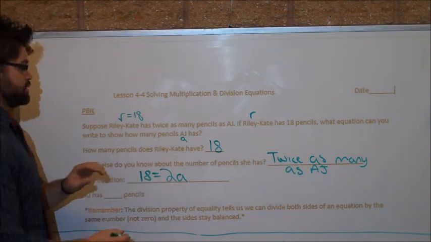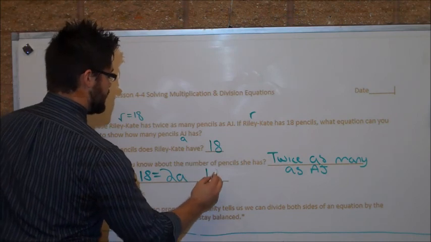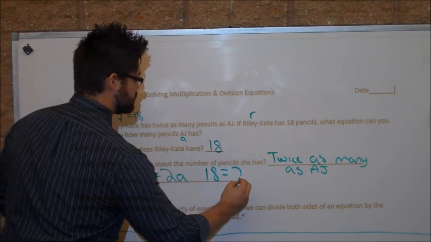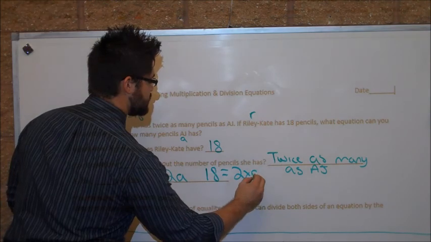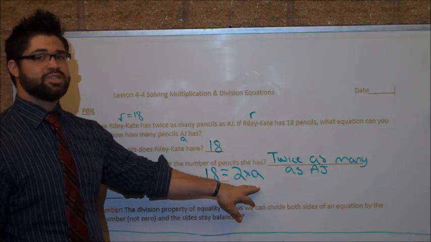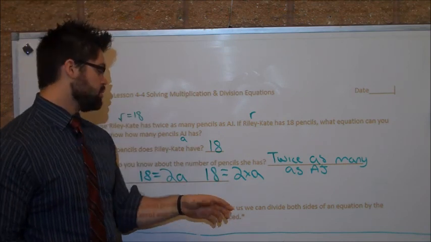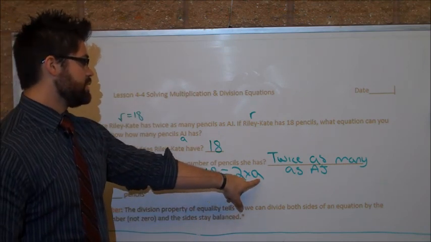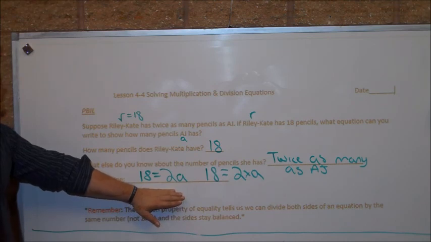So if this is confusing, what you could also write would be 18 equals 2 times A. So again, when we're using variables, we try to stay away from the multiplication sign, but if this is easier in your head right now, 18 equals 2 times A, which is the exact same equation as this.